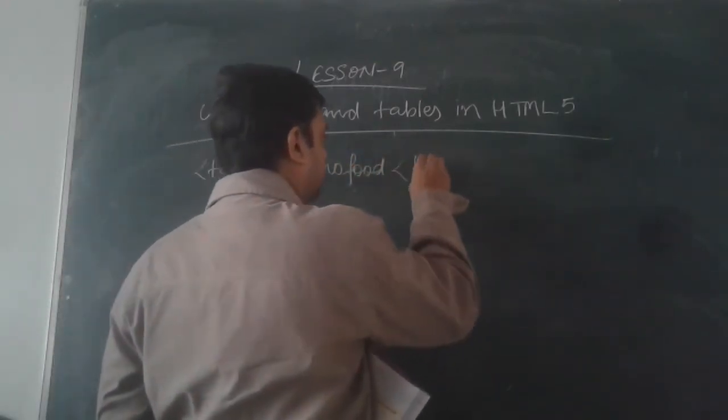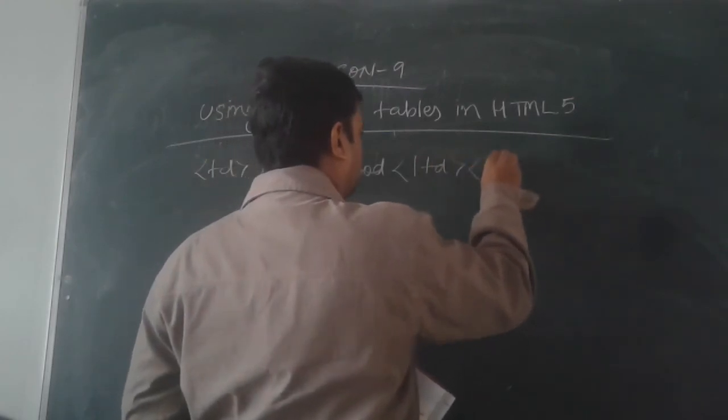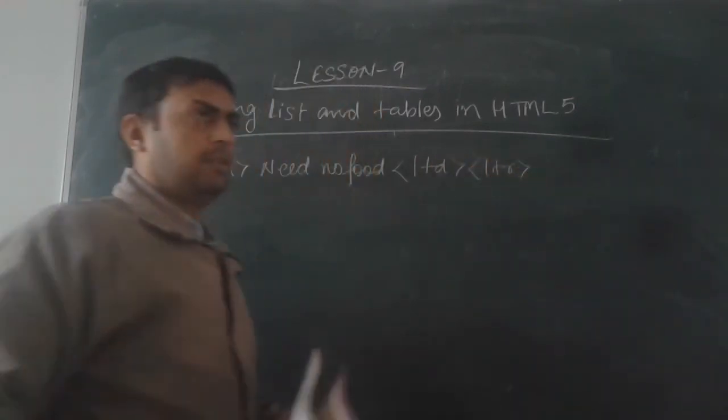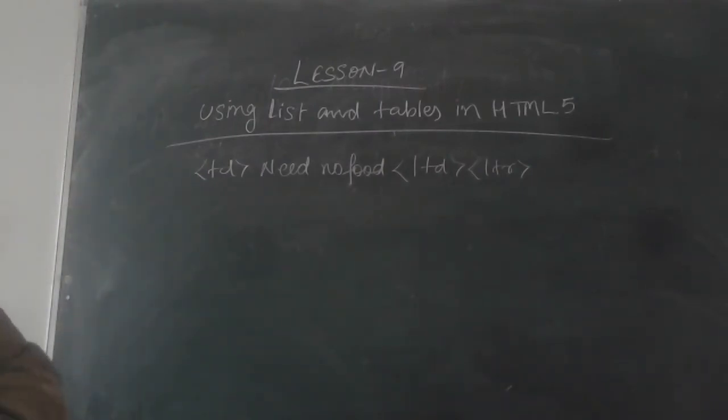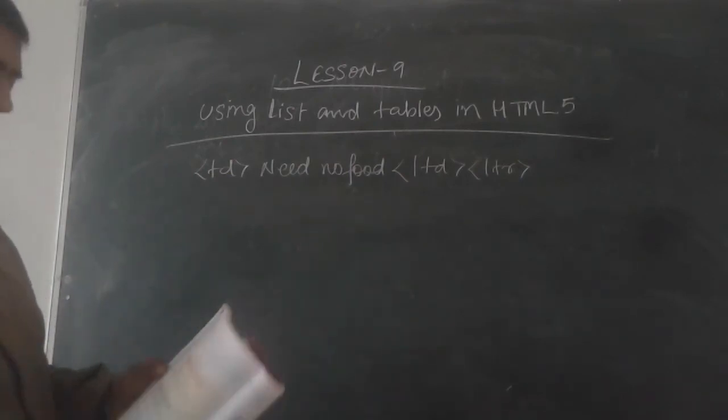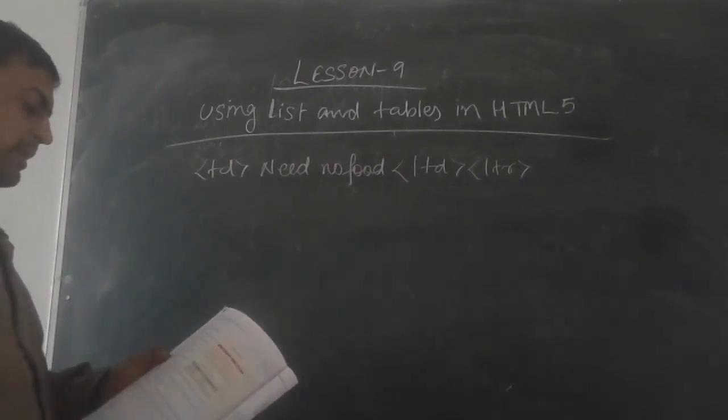Close TD and close TR. So this is the method to give values inside the table cell. This is the code to write the values inside the table cell.